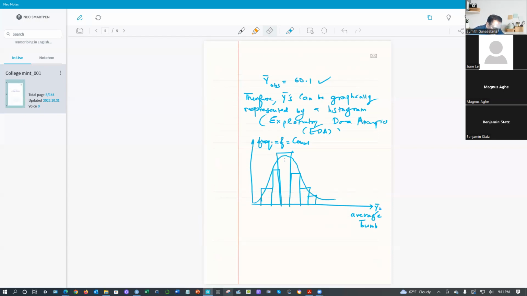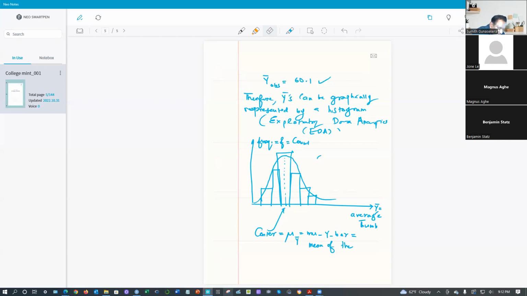Then I go to the center and denote it mu y bar. That's the mean of this particular histogram.